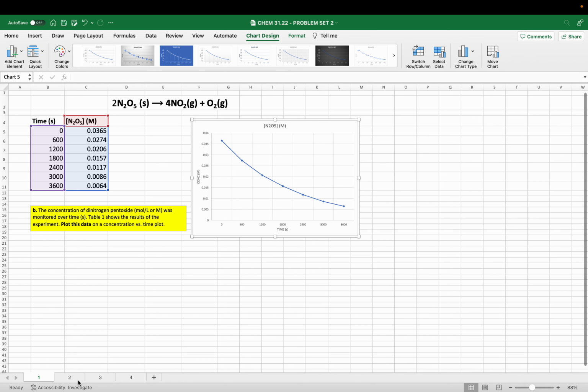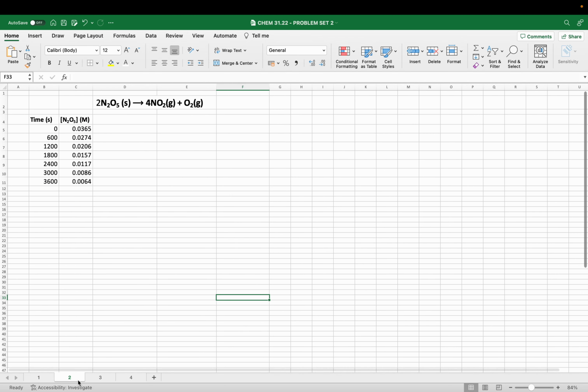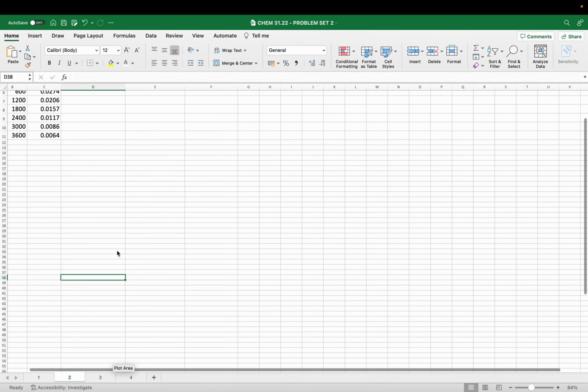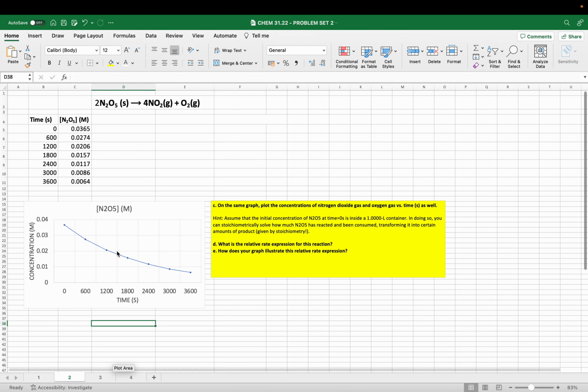Our next task is to plot the concentrations of the products, nitrogen dioxide and oxygen, versus time as well. So here's the thing: how do we solve for the concentrations of nitrogen dioxide or oxygen at any given time point? The answer is in stoichiometry.